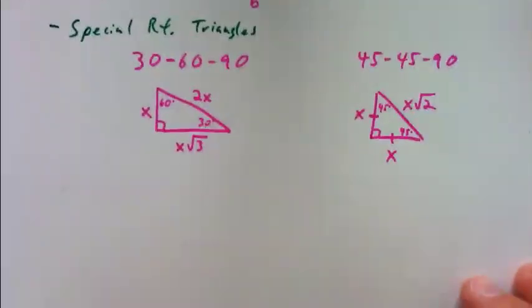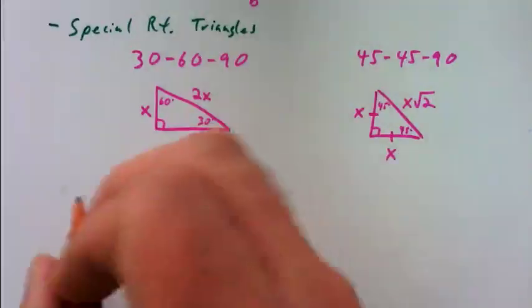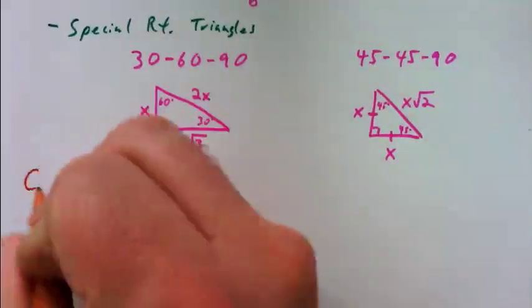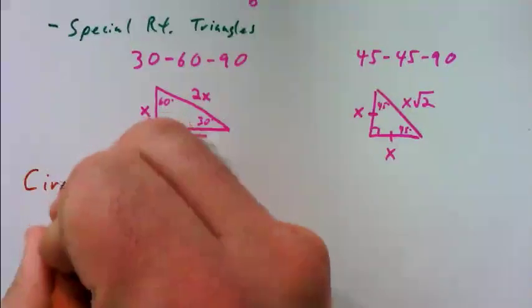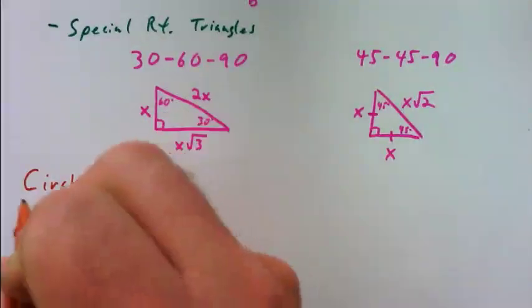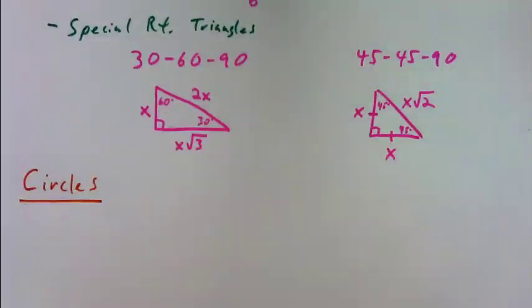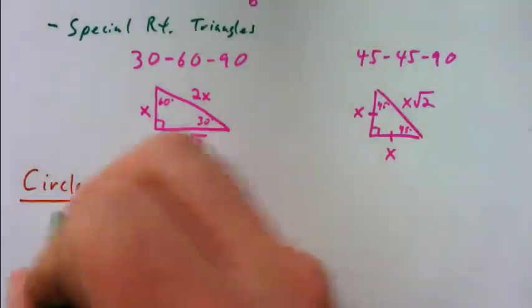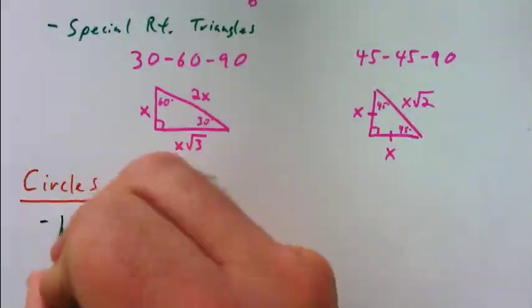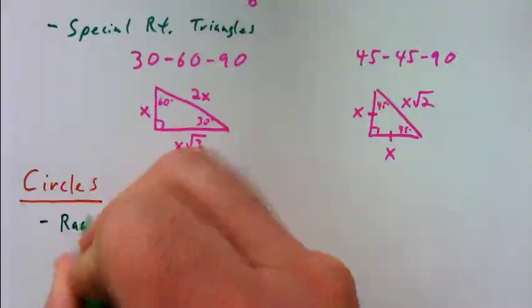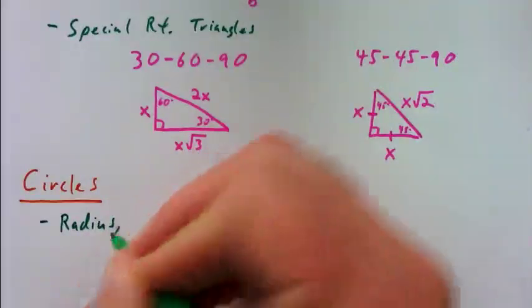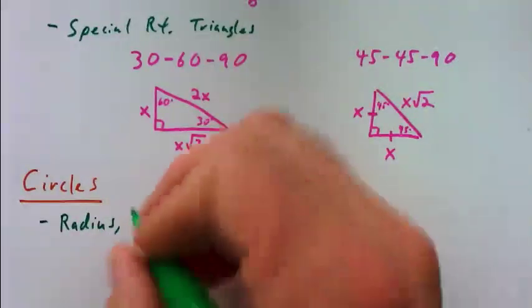Last part of this, we're going to talk a little bit about circles. And these will be our last ideas that we talk about today. So in a circle, we need to know some of the specific parts. We need to know what a radius is. We need to know what the diameter is.